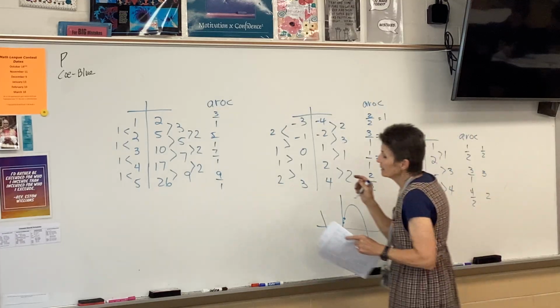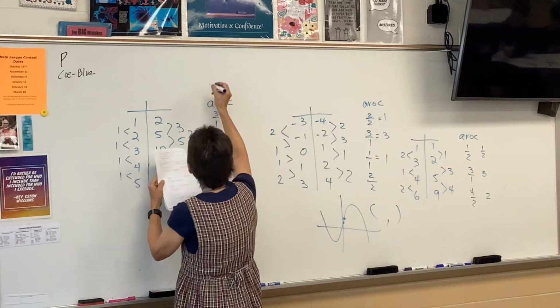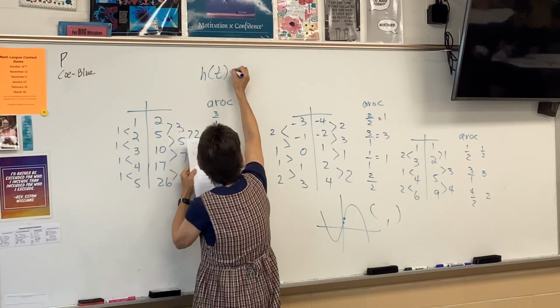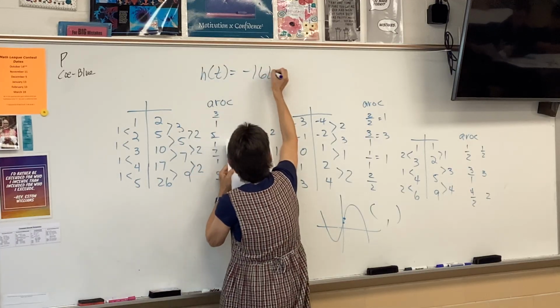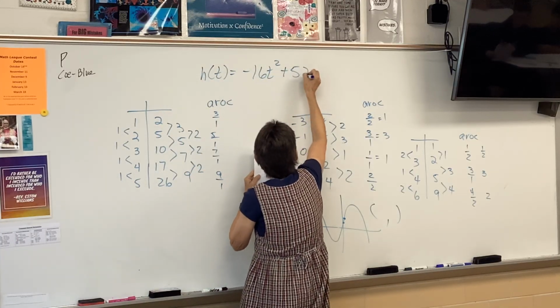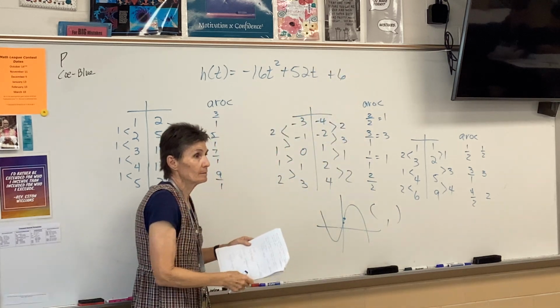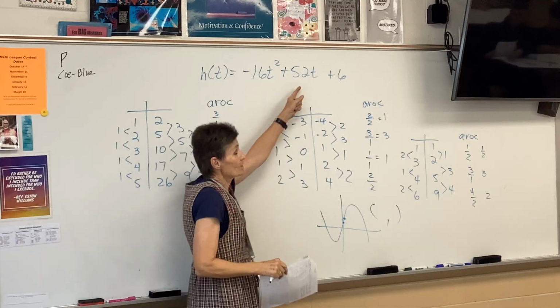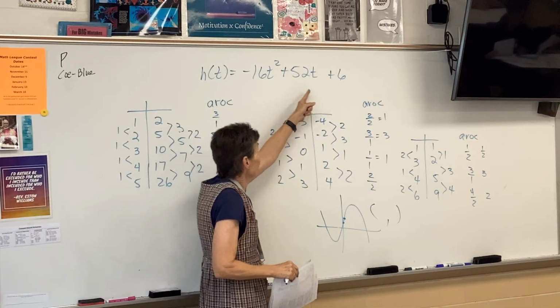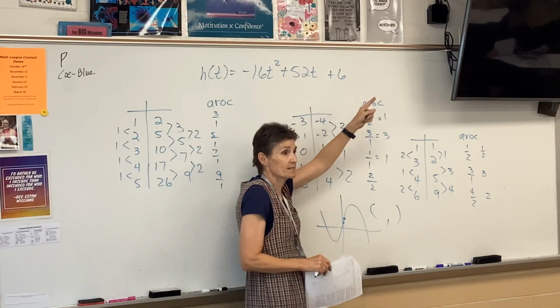And my expectation of you was that you would know this is the projectile motion formula for an object with an initial velocity of 52 feet per second and an initial height of 6.